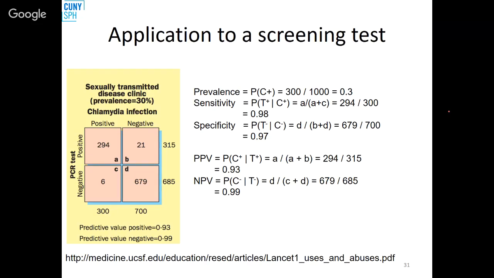Okay, this is maybe getting a little bit too much math for the class, but you can take a look at this if you want a few more examples of calculating these different things. All I am doing here is taking this table and these marginal totals and calculating the prevalence, the sensitivity, the specificity, the PPV, positive predictive value, and NPV, negative predictive value.